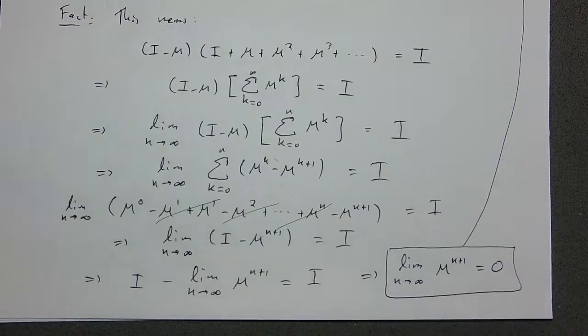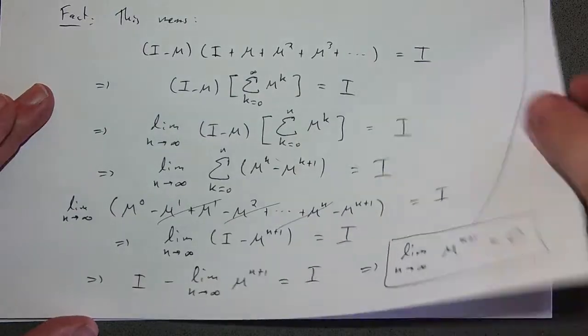Now, how do you verify this? That's a tricky one, right? This is a limit that might be rough to get at for some generic matrix. Imagine M is a very huge matrix. This doesn't seem like a nice thing. So there is another way that I'm not going to prove why this is the case. So I'm going to write one more fact.